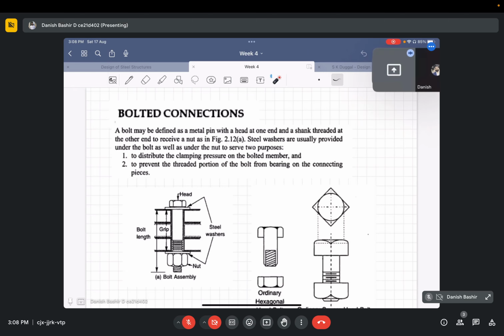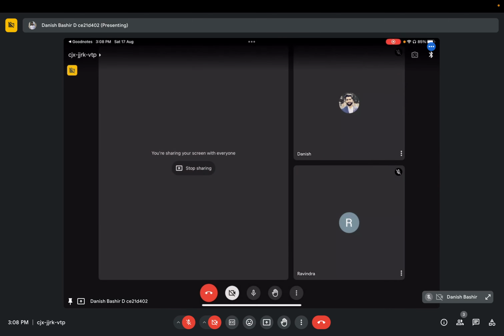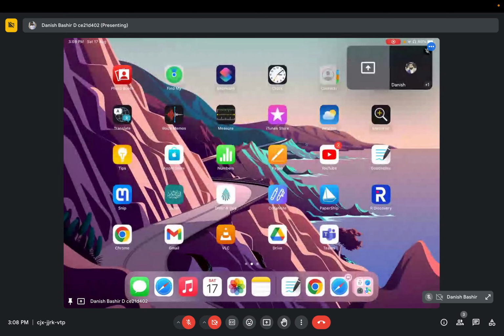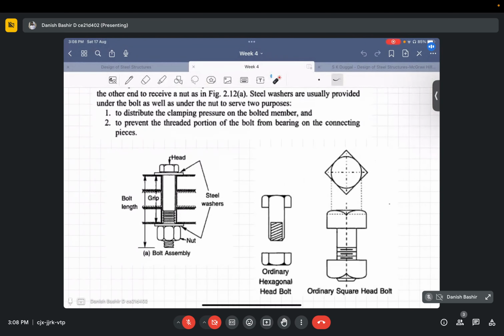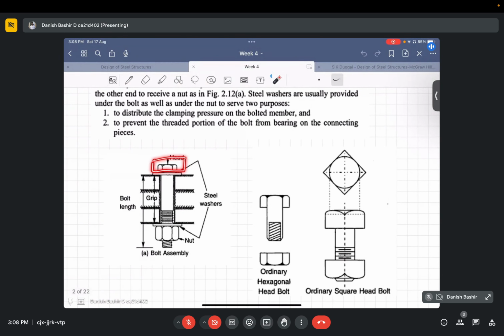Moving forward, the different components are shown here. You can see this is the head of our bolt. Then this is the shank, and on this shank you can see the threads made on it.